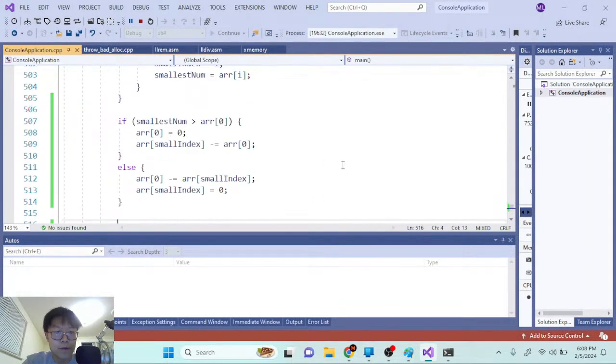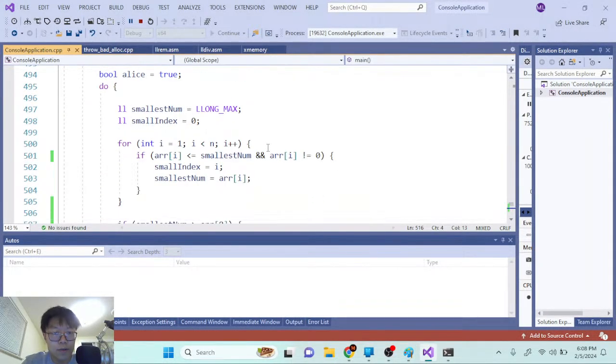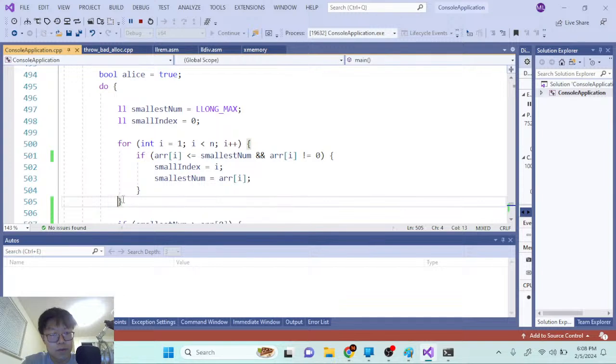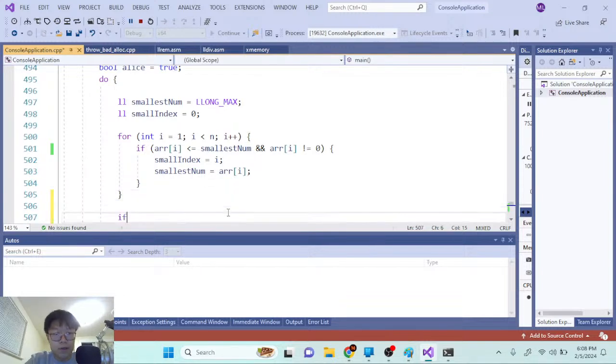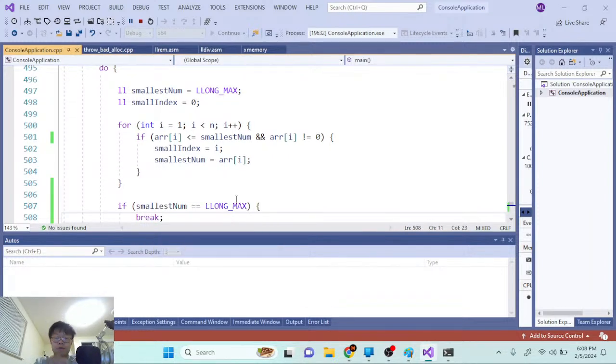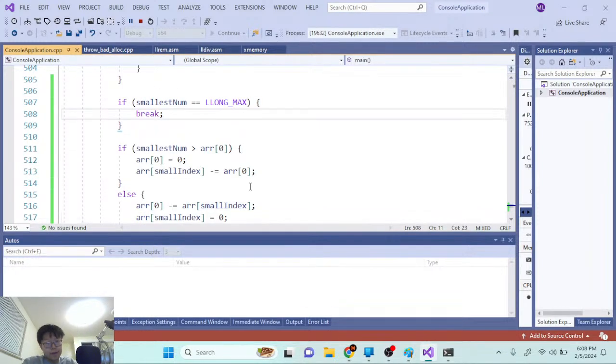If the smallest number reaches 0, if the smallest number is still long max, we need a break, because that means we couldn't find anything more. You can't subtract it anymore.